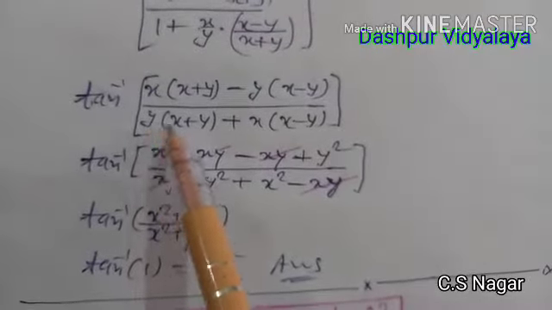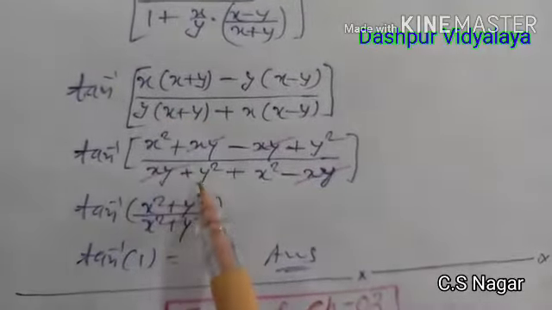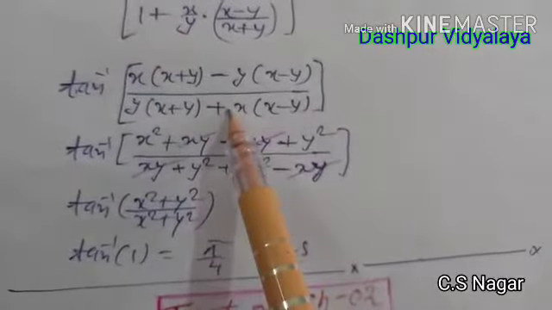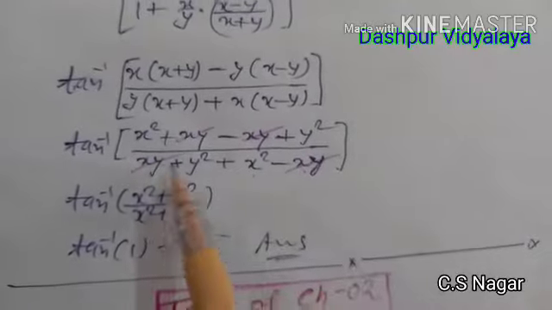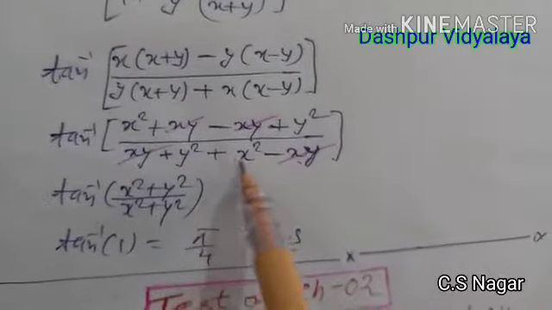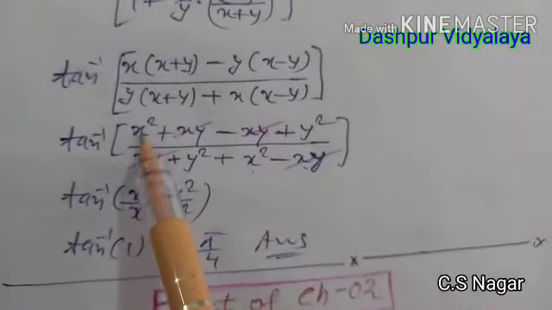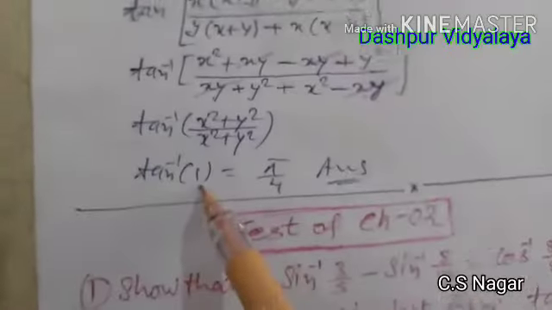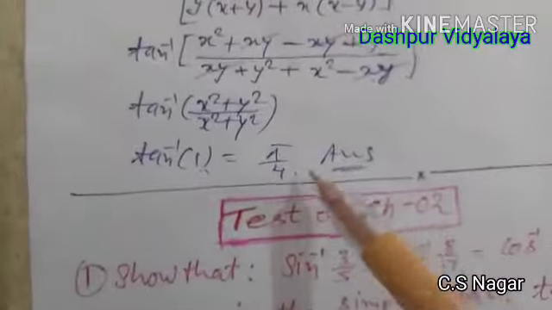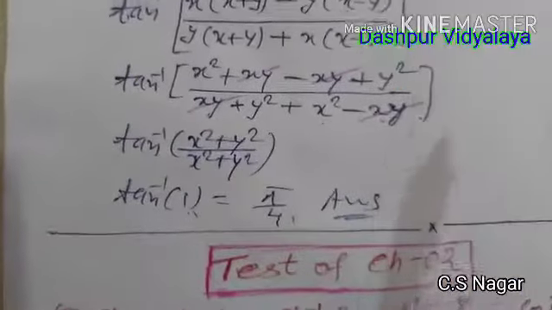Now in the denominator x into y, this is y square plus x square, and this is minus xy. Once again xy cancels out, so x square plus y square remains. The numerator is also x square plus y square, so both cancel out. Only 1 remains, and tan inverse 1 is pi by 4, which is our correct answer.